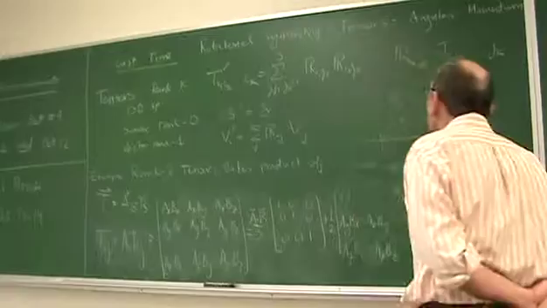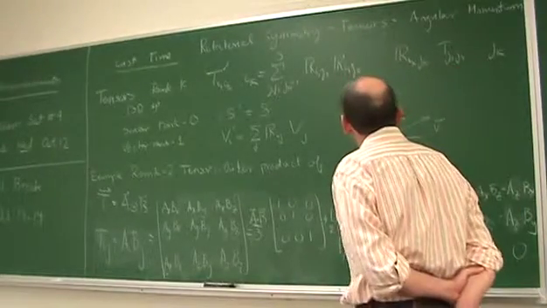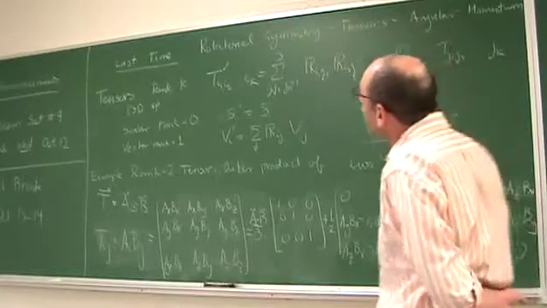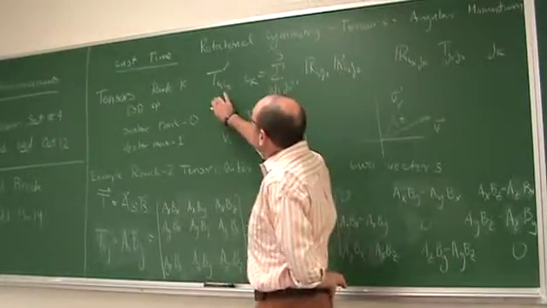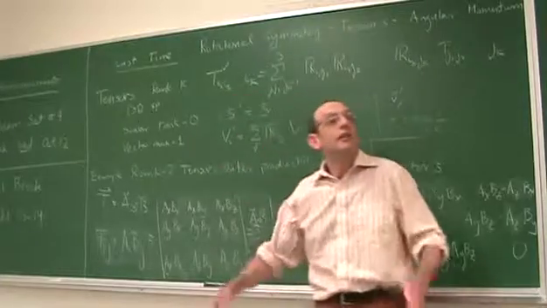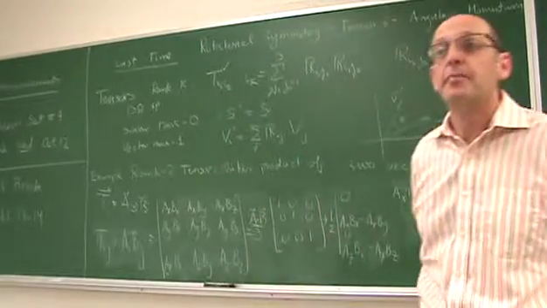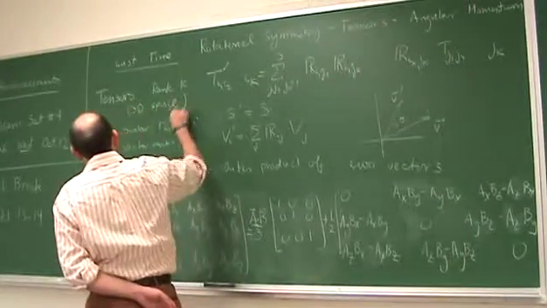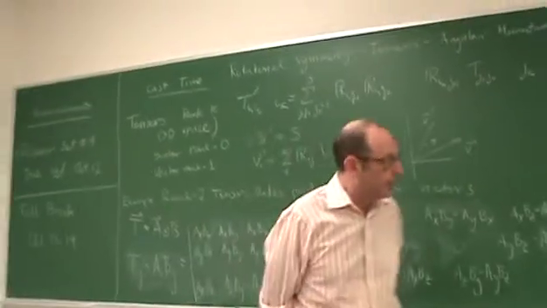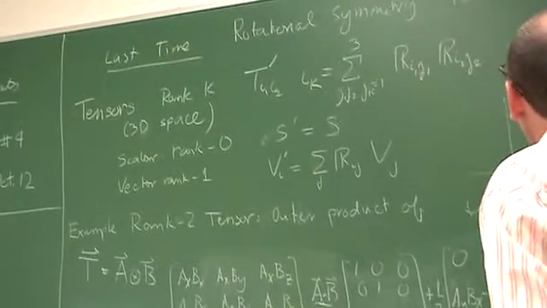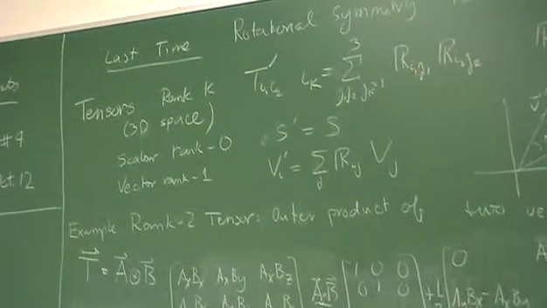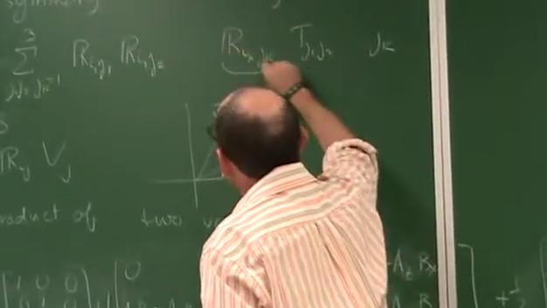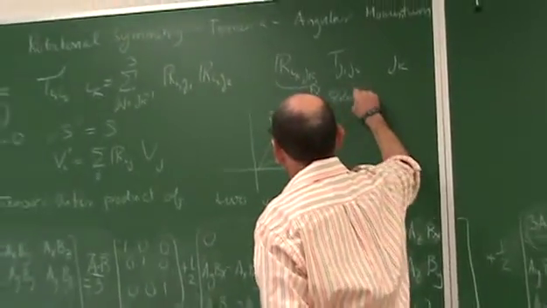So a general rank K tensor is defined as an object which has a set of components labeled by K indices. In this case, we're talking about rotations in 3-dimensional space. So each of these indices go from 1 to 3, and each of the indices then are summed over the components of a rotation matrix.